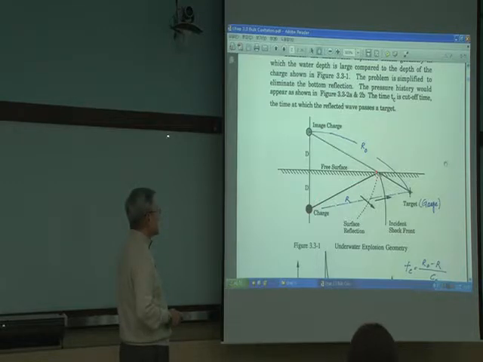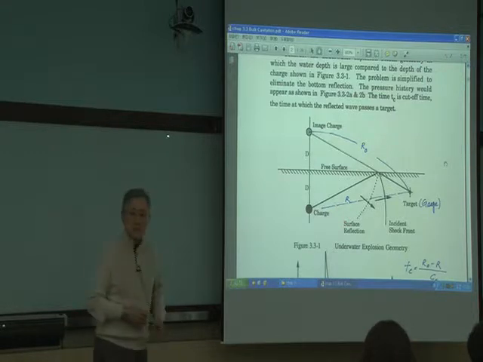Because this distance and that distance are the same. So R naught, and this is the standoff distance from the charge to target, R. R is of course smaller than R naught. This is surface incident, this is surface reflection, things like that.